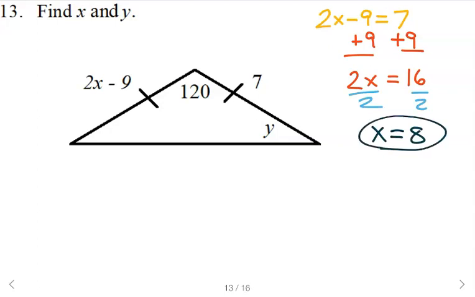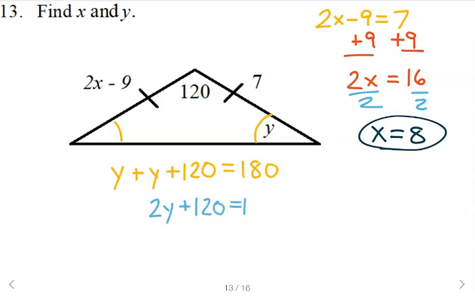So we found x. Now for y is an angle measure. These angles will be congruent because the sides across from them are congruent. And so the angles in a triangle add up to 180. So we can write 2y plus 120 equals 180.